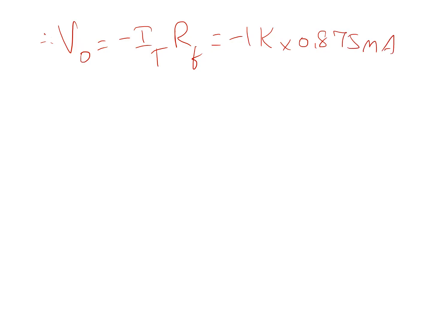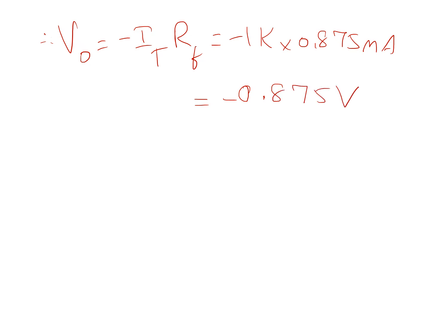Therefore, the output voltage V0 is equal to minus I total into RF, which is equal to minus 1 kilo ohm into 0.875 milliamps, which is equal to minus 0.875 volts.